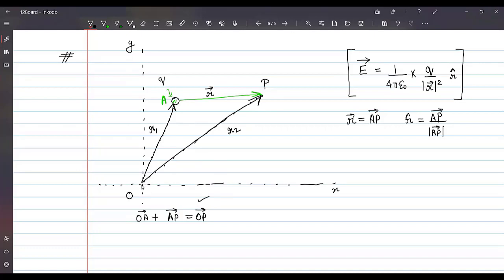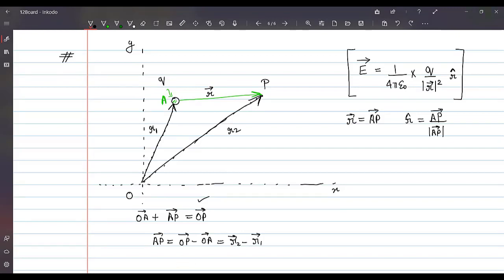Another way is to go from O to A first and then A to P second. That gives you OP vector as OA plus AP. So from here your AP vector is OP minus OA vector. Your OP vector is the R2 vector, and OA vector is the R1 vector.